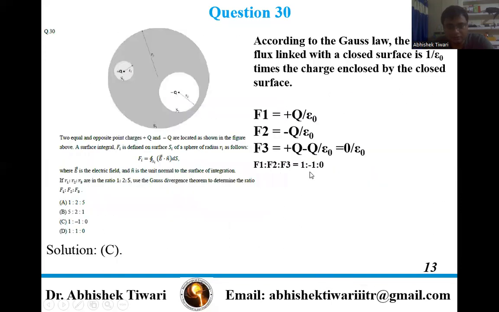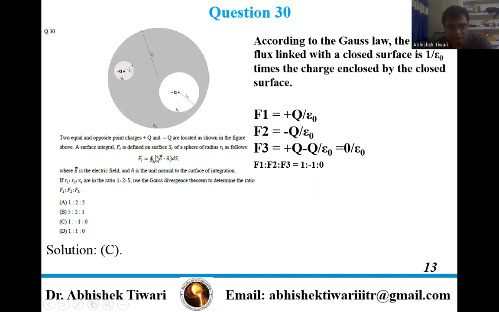Now coming on to question number 30. Two equal and opposite charges plus q and minus q are located as shown in the figure above. A surface integral Fi is defined on surface Si of the sphere of radius Ri as follows.